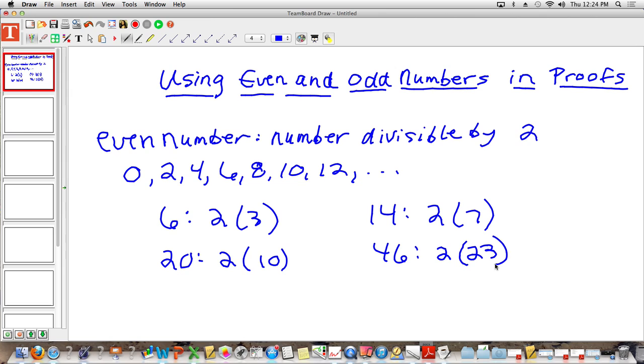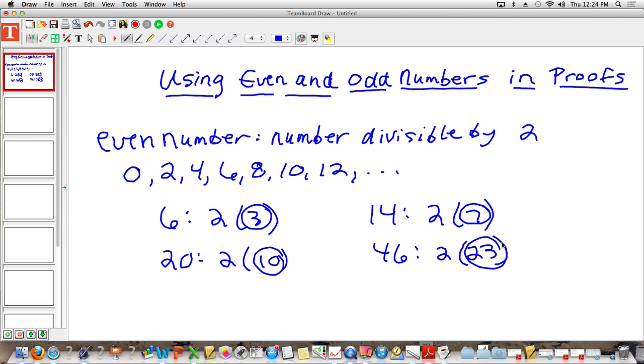Sometimes the number I'm multiplying by is an odd number, sometimes it is an even number. It doesn't matter what that other number is, as long as you are able to write it as 2 times something.